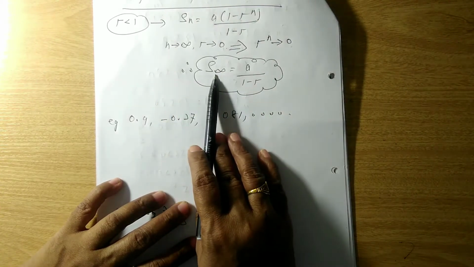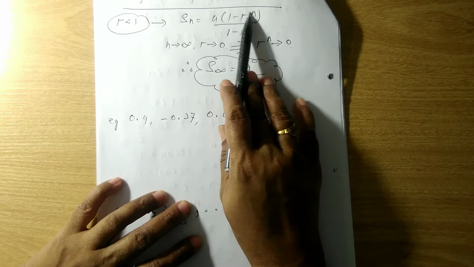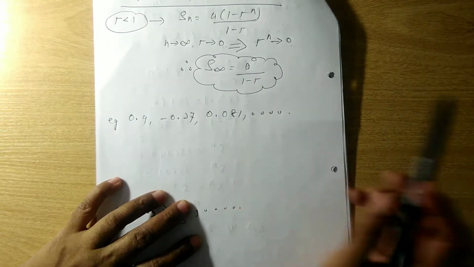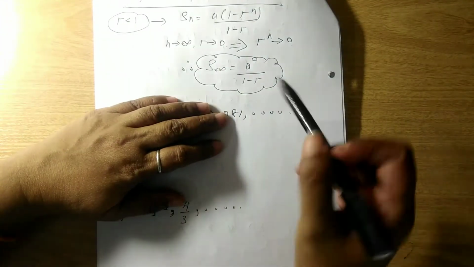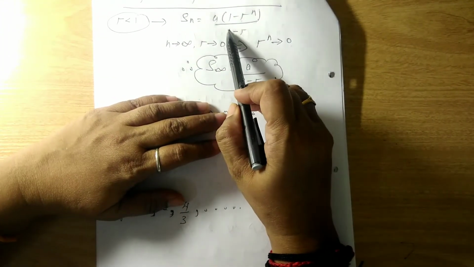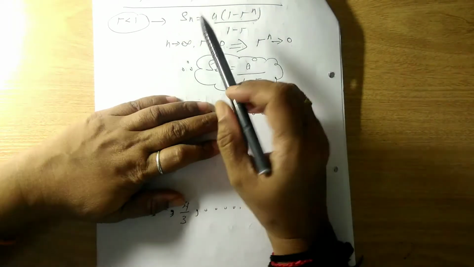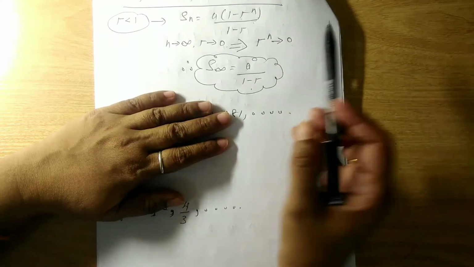S infinity equals a times, because this is almost 0, 1 minus 0, you get a 1 here. So 1 times a is a over 1 minus r. This formula is derived from here, and it's only applicable when r is less than 1, because if not, you won't have this assumption.